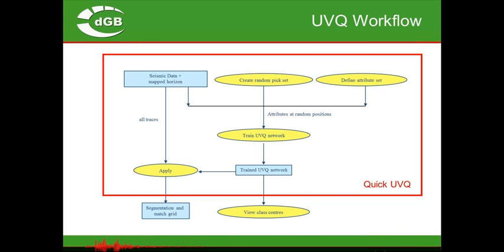And in this quick UVQ, all the inputs, like training, finding the pick set, and setting up the attributes are set automatically. But in the quick UVQ, the user still has, let's say, control over the parameters, like the class center, defining the classes, and setting up the time gate.